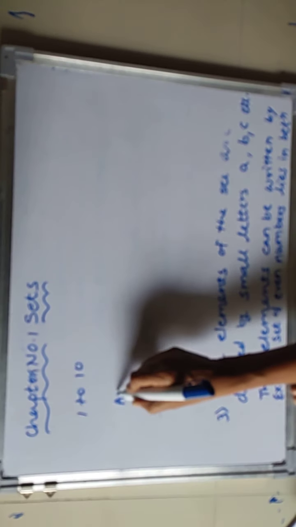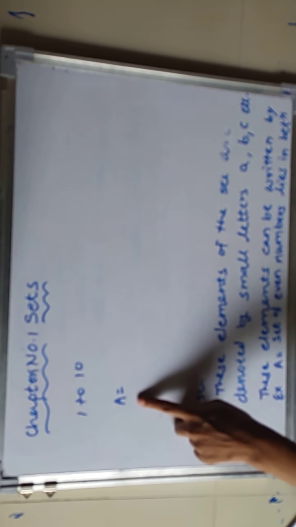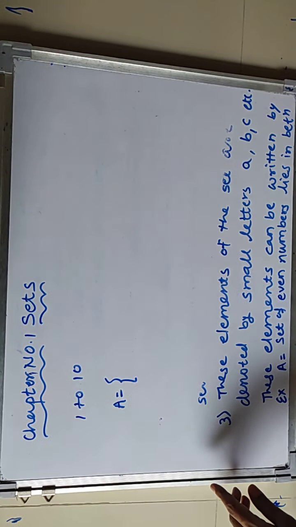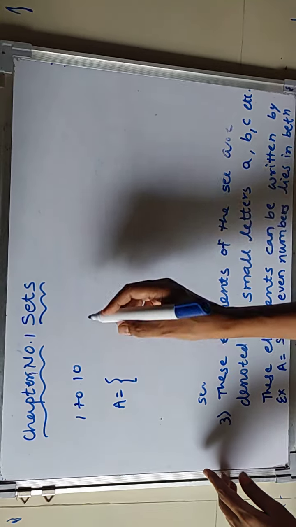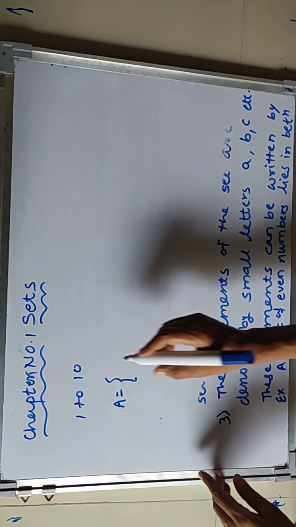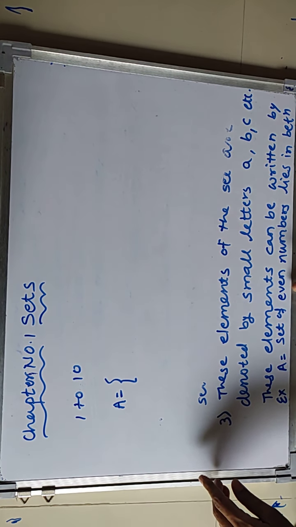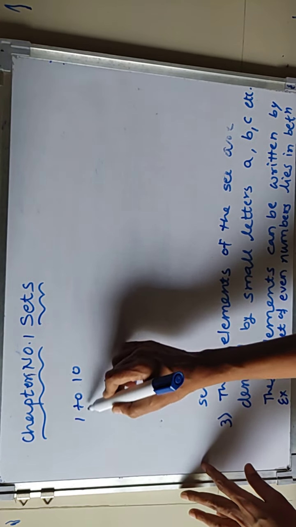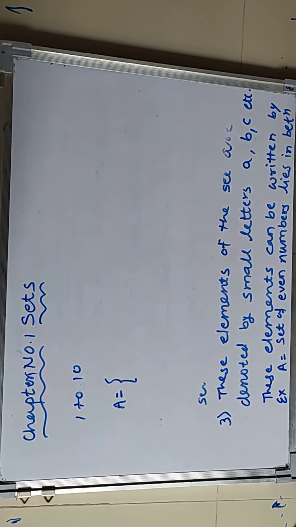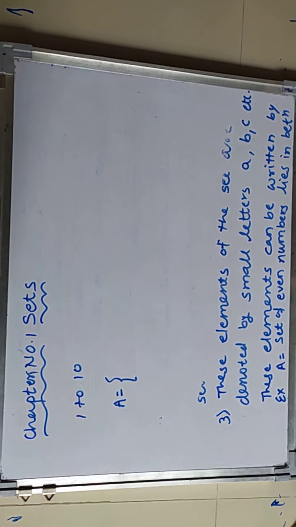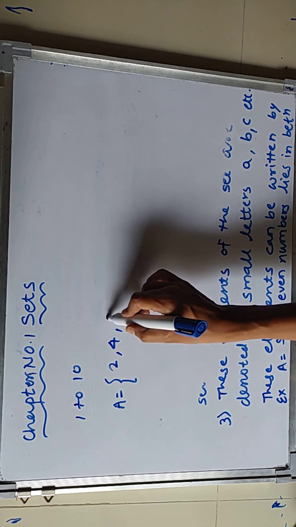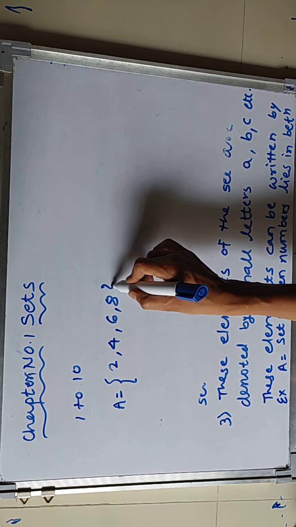Here A is equal to, I am writing the set, denoted by a capital letter. You have to write the even numbers that lie between 1 to 10, that is, the elements. Therefore 2, 4, 6, 8.